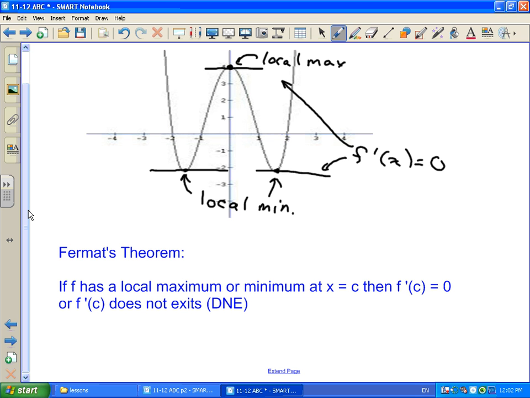But everywhere that the derivative is 0, there doesn't necessarily have to be a turning point. Okay? So all this suggests is a way that you can go about looking for turning points, which is looking for where the derivative is equal to 0. And that's how we're going to find them.